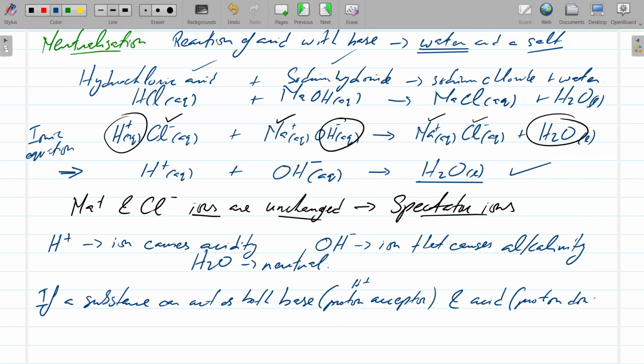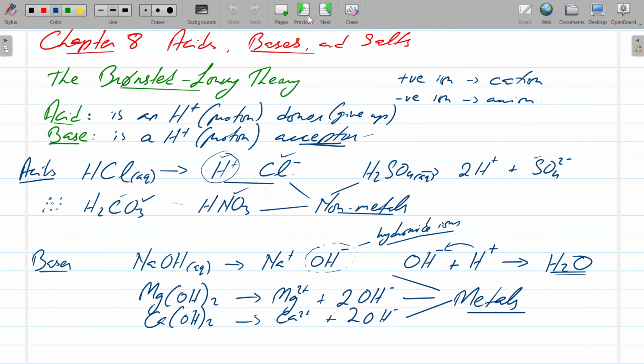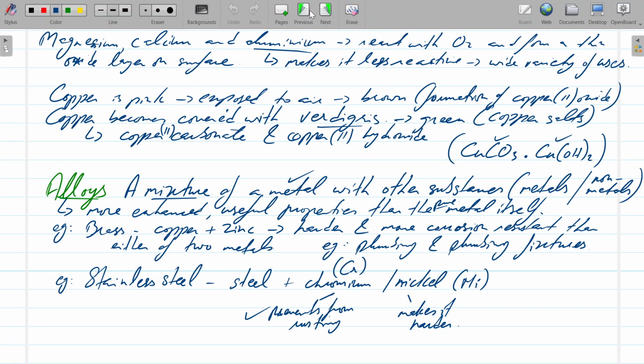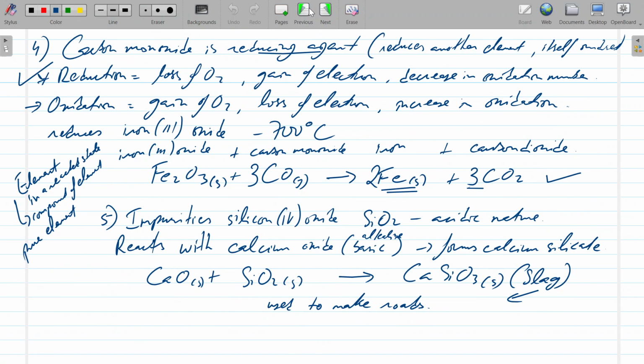These are called amphoteric. This is a term we did come across earlier, I guess, dealing with metals somewhere.